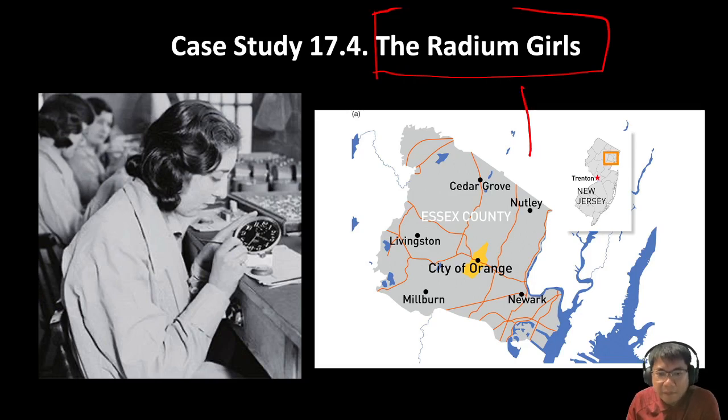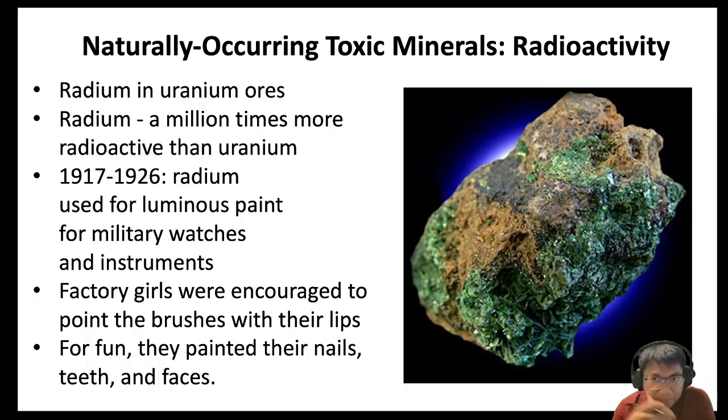This case happened in the city of Orange, which is very close to the city of Newark, in the northern part of New Jersey. So this is the background story of the Radium Girls. Radium is a uranium ore, and it is 1,000,000 times more radioactive than uranium.